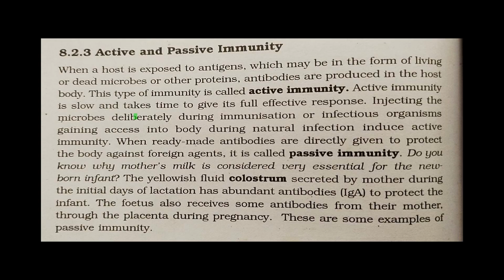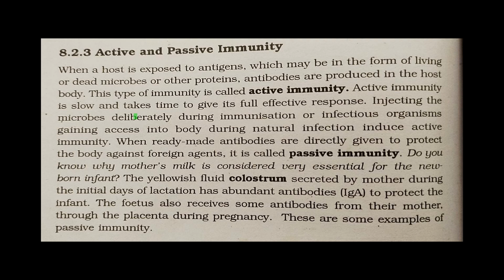Active and passive immunity. When a host is exposed to antigens, which may be in the form of living or dead microbes or other proteins, antibodies are produced in the host body. This type of immunity is called active immunity. Active immunity is slow and takes time to give its full effective response.